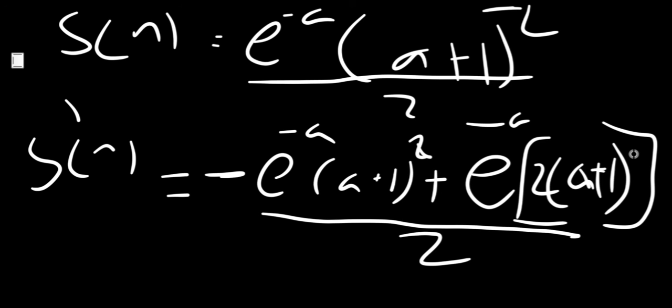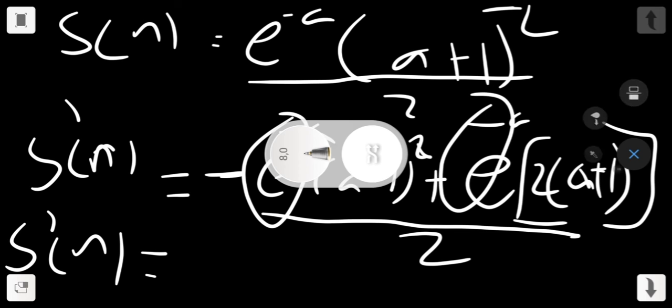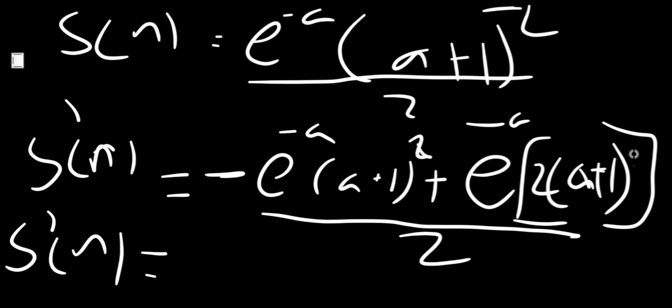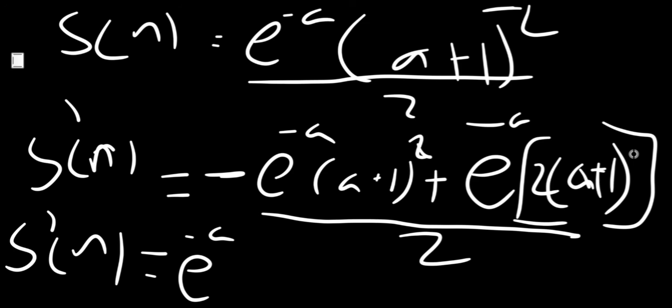So s prime of n would be equal to, now look, we have e to the minus a in both terms, so I'll take it outside. e to the minus a times: 2 times a times 1 is 2a, plus 2, this part over here.